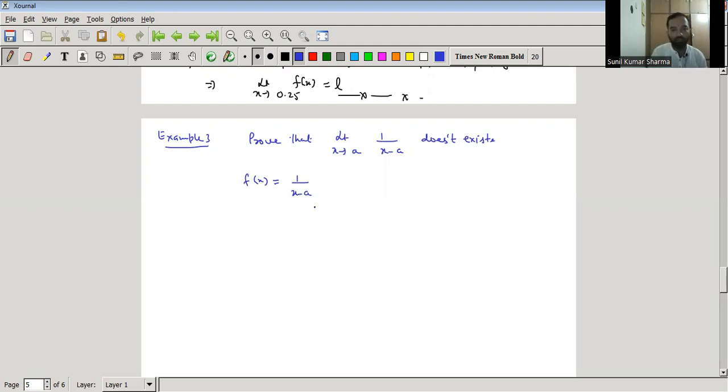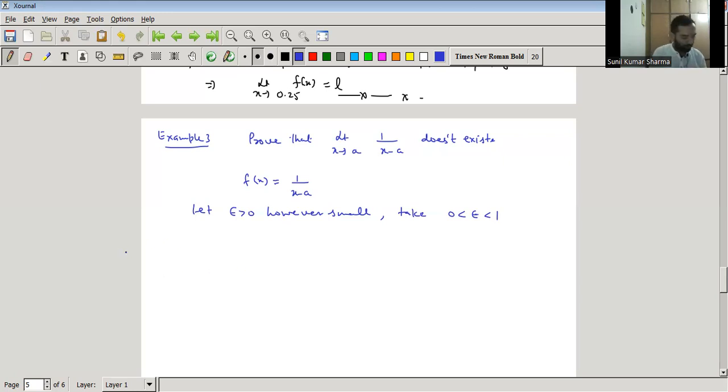But here we see that if we take a particular epsilon, then this result is not okay. So f(x) equal to 1 upon x minus a. Let epsilon greater than 0, however small. Epsilon is positive, but however small. So we take epsilon to be greater than 0, but less than 1. You can take any epsilon less than 1.